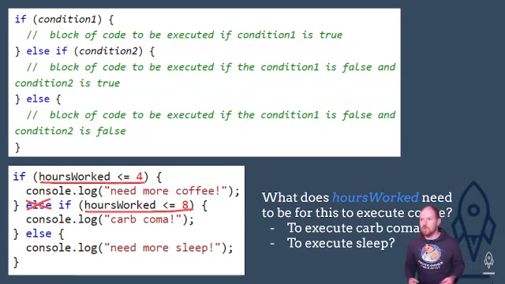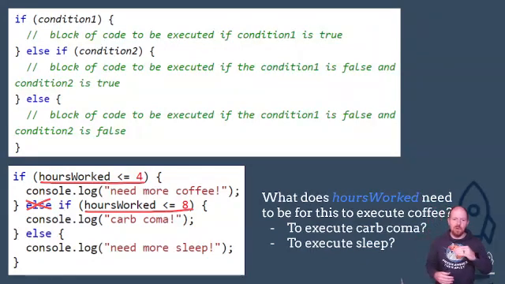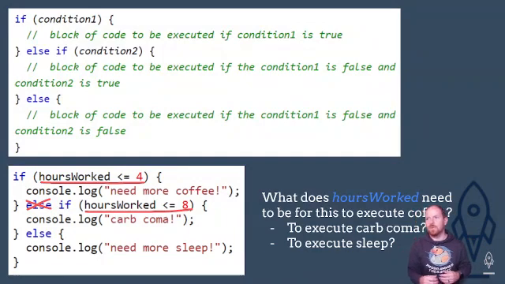So it would actually go 2 different paths. It would state both need more coffee and carb coma. It wouldn't just do one or the other. So that else enforces that only one of these 3 things gets executed. 2 of them cannot get executed. Only one of these 3 can get executed as you go through here.